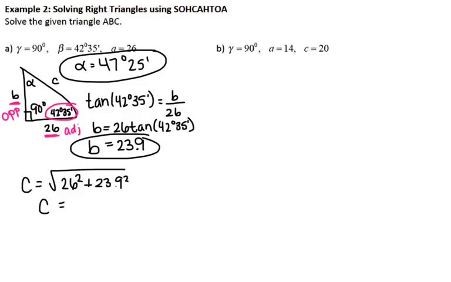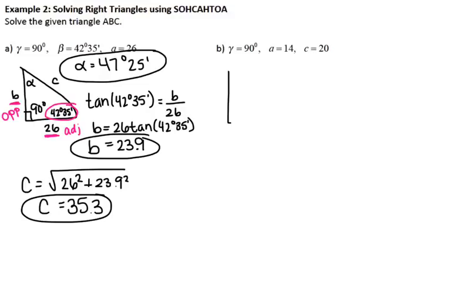So the square root of 26 squared plus 23.9 squared gives you 35.3. So now I have all three sides and all three angles.